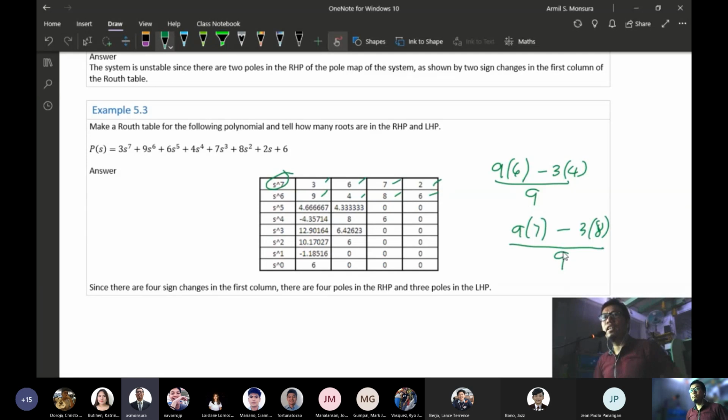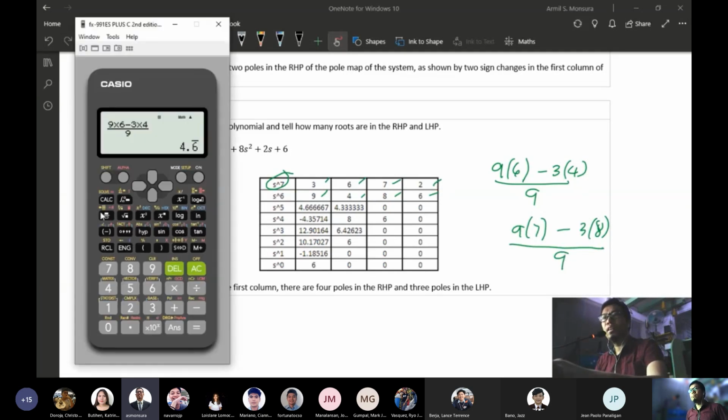So that should give you 63 minus 24 divided by 9. So that's 4.3333.